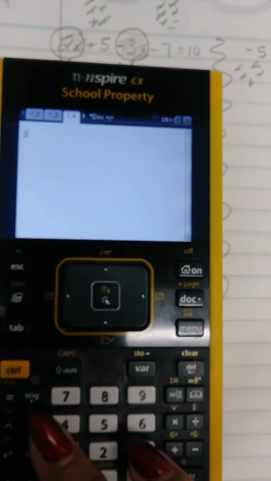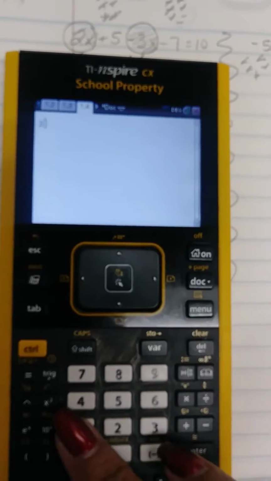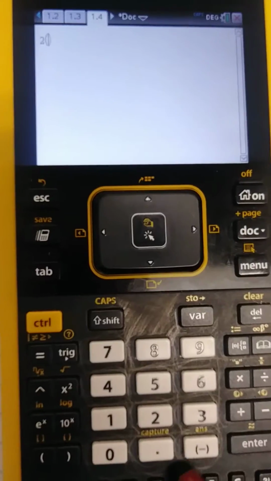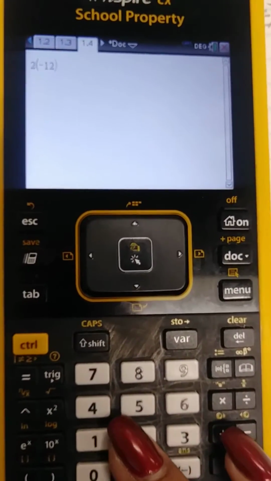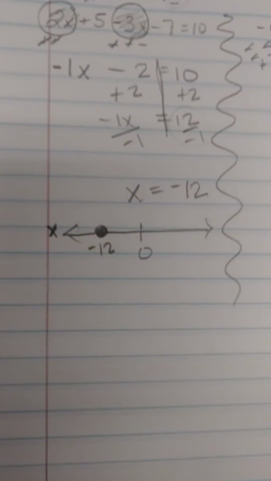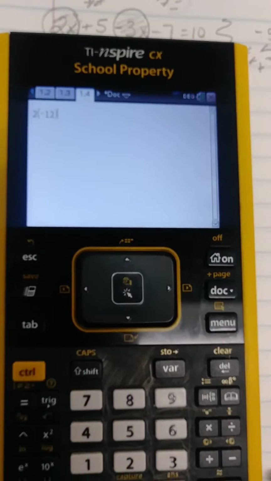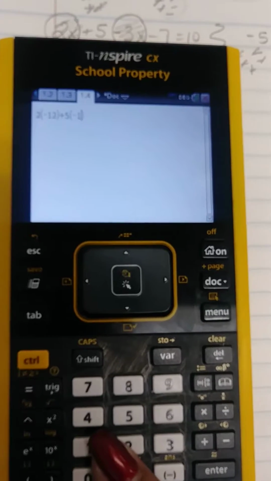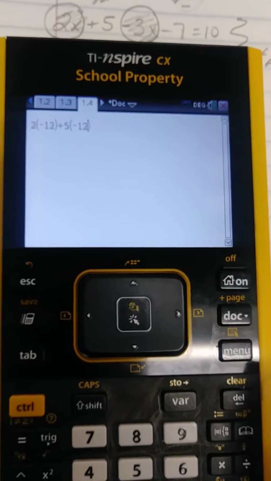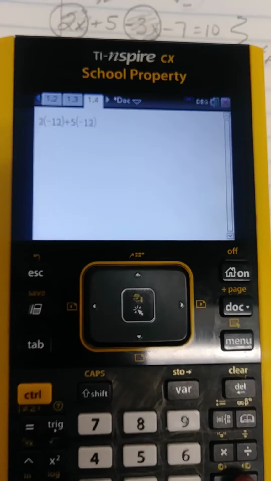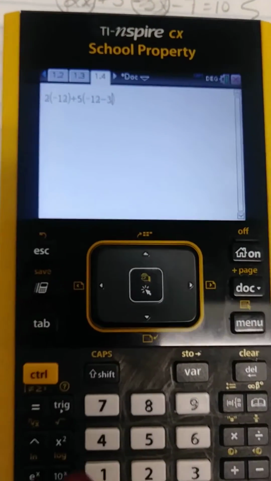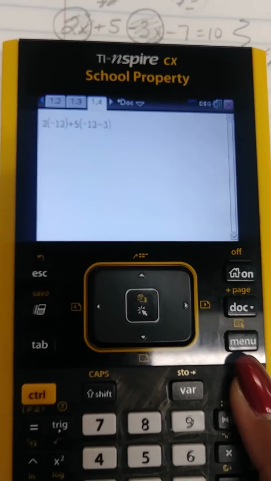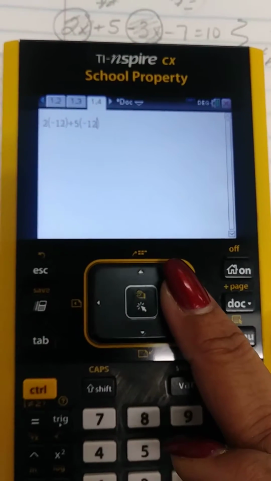So 2 parentheses and negative 12. Minus. Uh-oh, too many parentheses. Let me back out. There we go.